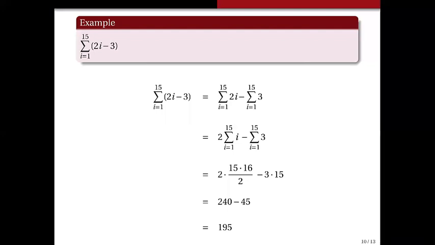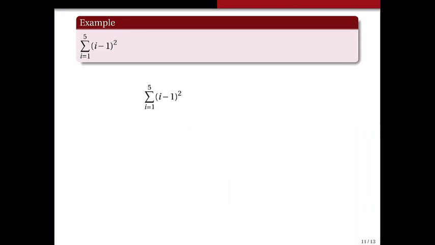Let's look at our next example here. So this time you have the sum of the quantity i minus 1 squared, i running from 1 up to 5. So in here you just have 5 summands or 5 terms. We call the thing inside here terms.